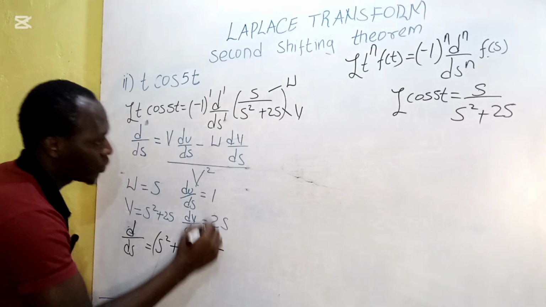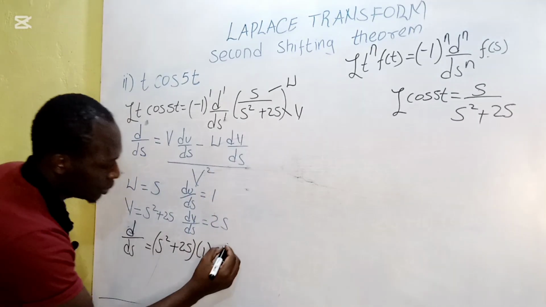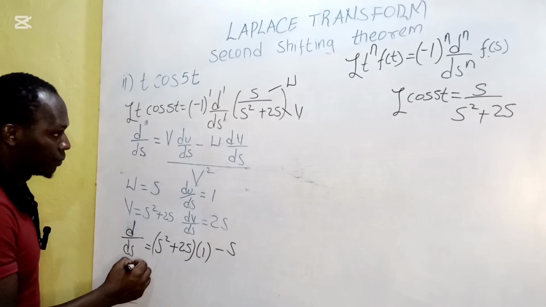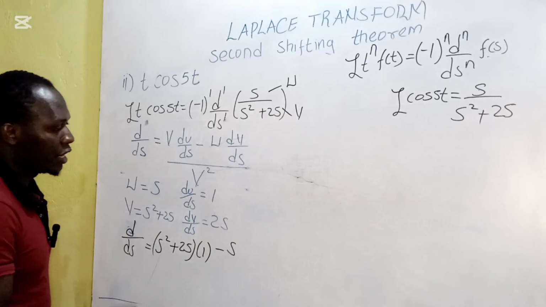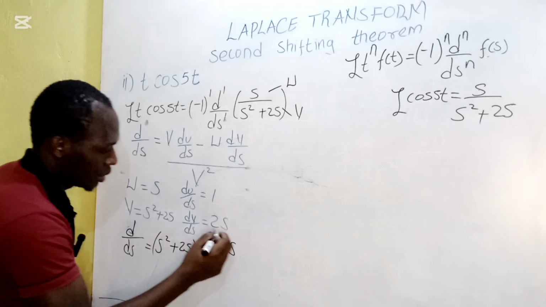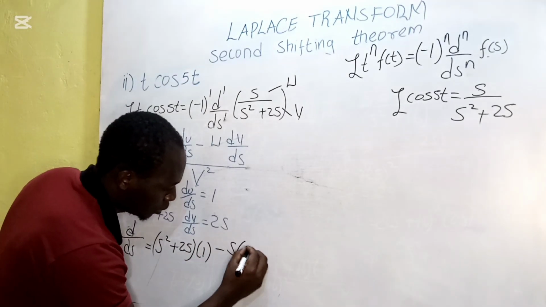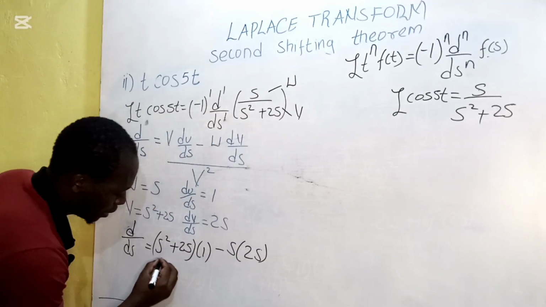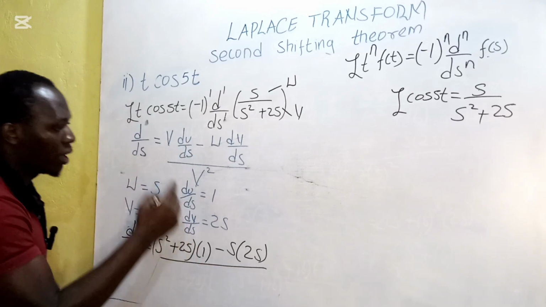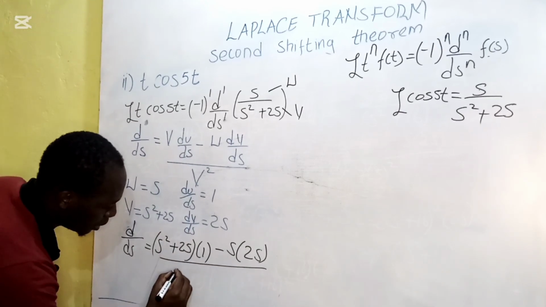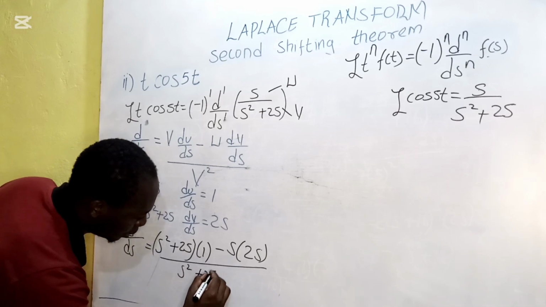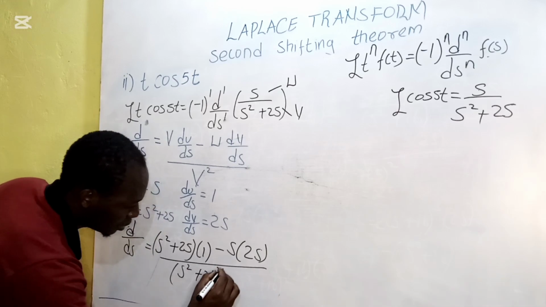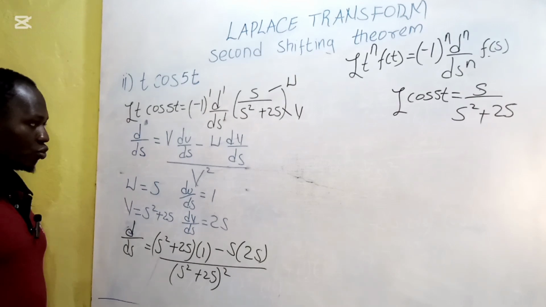We subtract from that our u, which is s, times dv with respect to ds, which is 2s. Everything is all over v squared. Our v squared is s squared plus 25, but everything is now going to be squared.